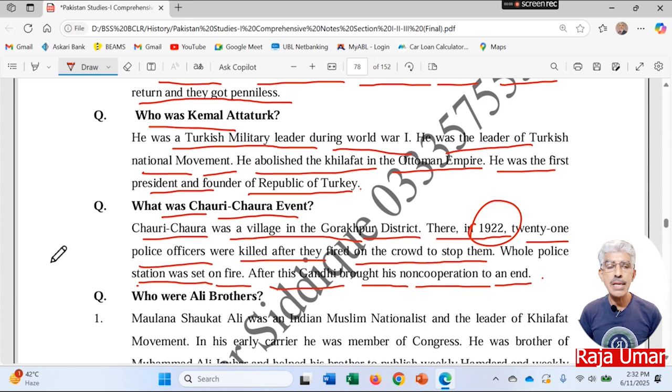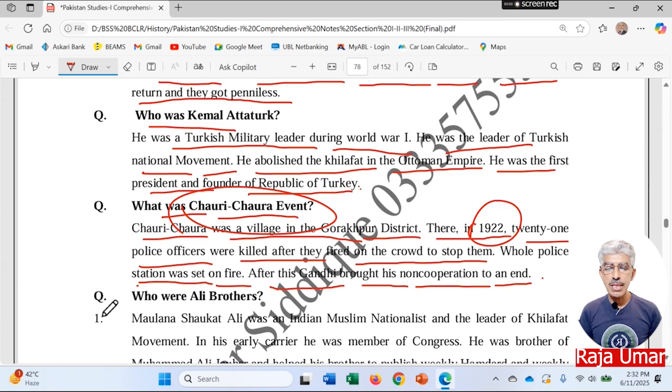You can say that this was one of the incidents by which the Muslim leadership, Maulana Muhammad Ali Johar and Maulana Shaukat Ali, lost the support of Congress in the Khilafat movement, as Gandhi did not want the movement to be violent, but it turned violent and finally it was over.